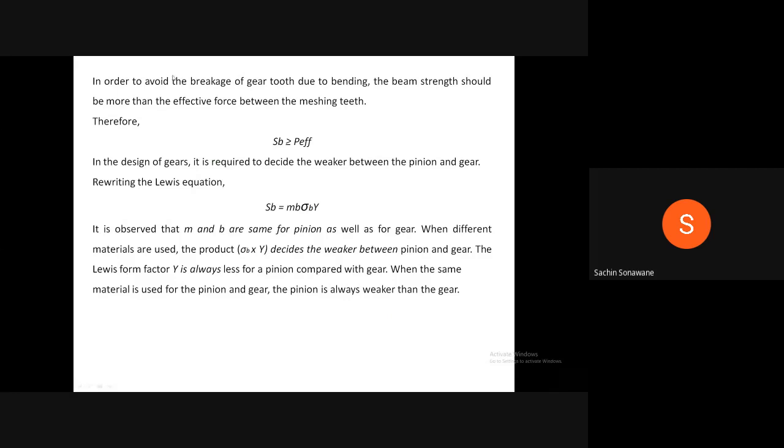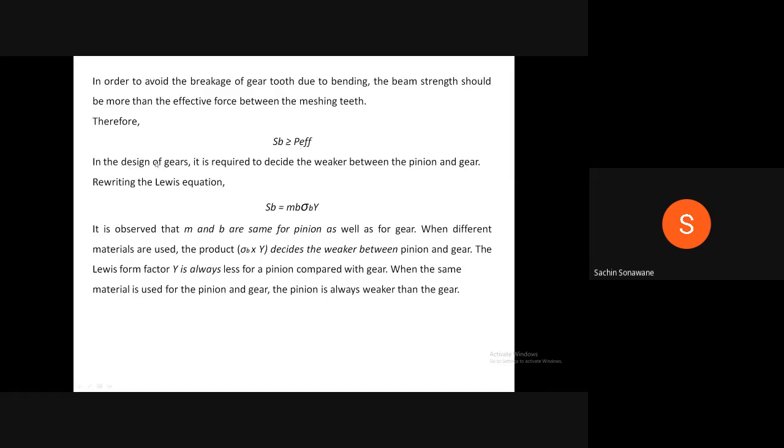Now, in order to avoid the breakage of gear tooth due to bending, the beam strength should be more than the effective load or effective force between the meshing teeth. Therefore, Sb should be greater than or equal to P effective.